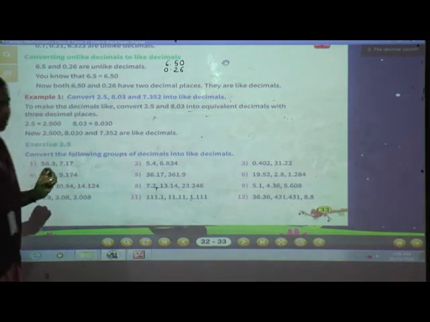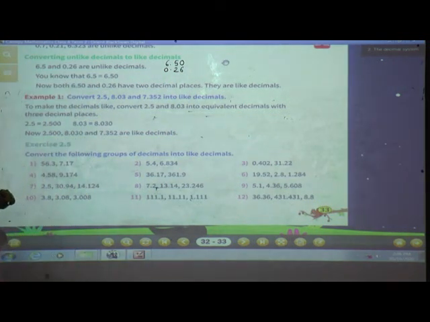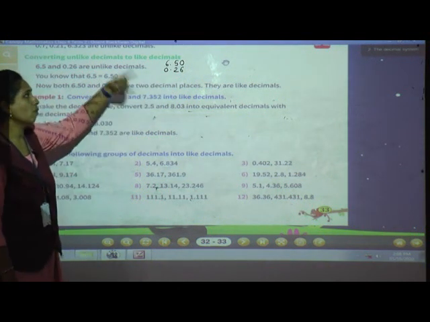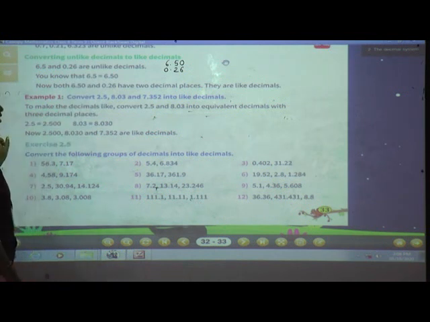Now I can say these numbers are like decimals. Just now they were unlike decimals with 1 digit and 2 digits. Now when I have added 0 after 5, the 2 numbers became like decimals. Are you getting clear? Yes.